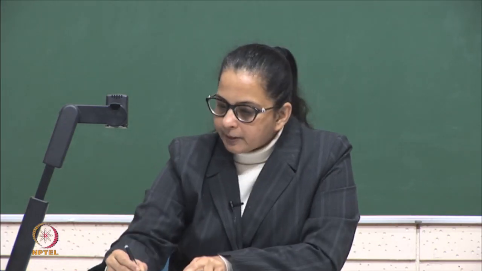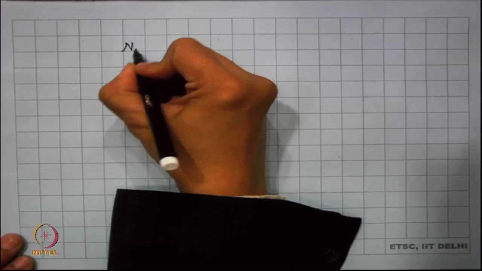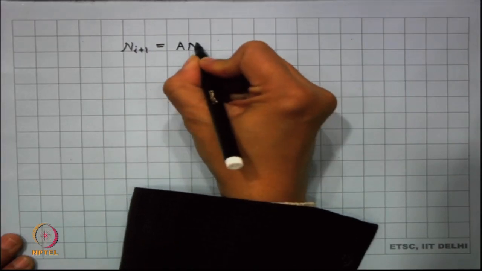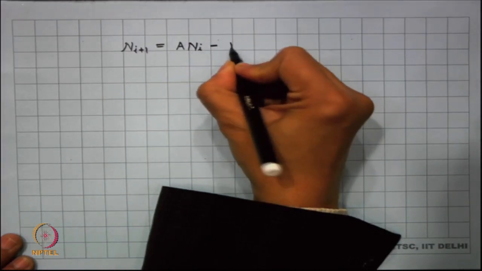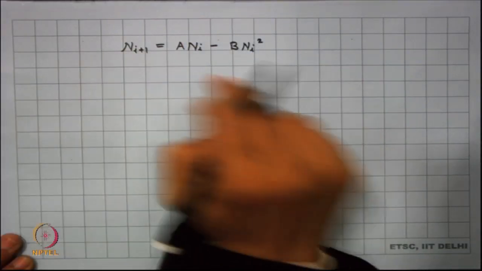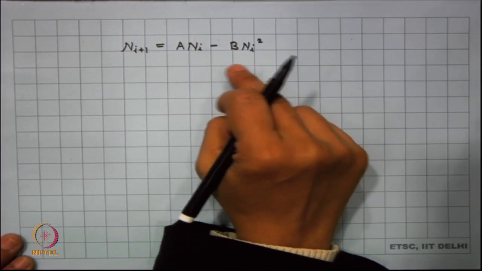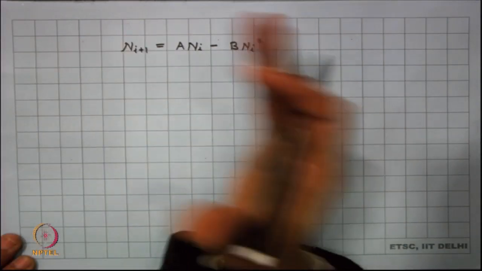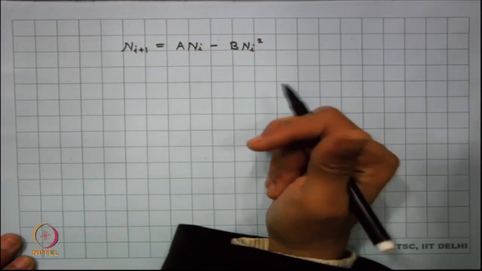So, it was then proposed that Ni plus 1 should be equal to A times Ni minus B times Ni square. Now, why do we have a minus sign here? Because as the interaction increases, you can observe a decrease in the population.